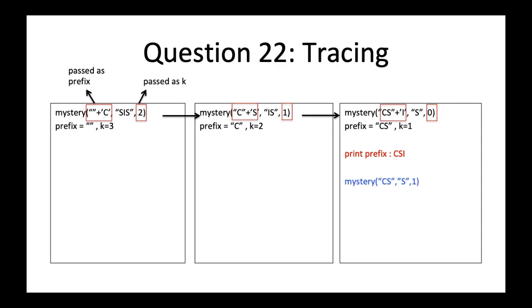Now the blue method will be called using the original prefix and k, which were CS and 1. This then leads to the calling of the black mystery method, where the prefix passed is CSS and k is 0. This leads the prefix CSS to be printed.